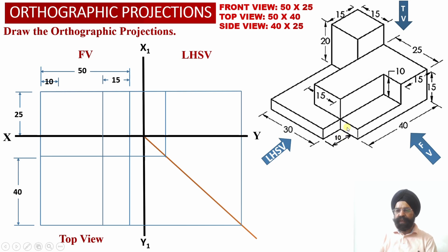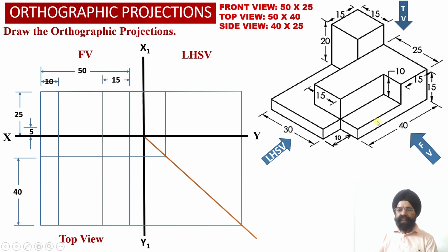So this distance will apply to this rectangular portion as well as this rectangular portion over here. So having measured this distance of 10 millimeter from the left hand side face of the solid, once again we have obtained a vertical projector line into the front view projections, and we have extended this vertical projector line into the top view projections as well.